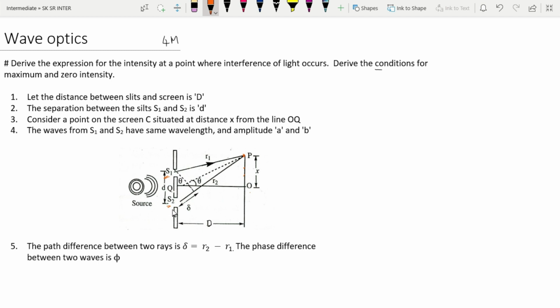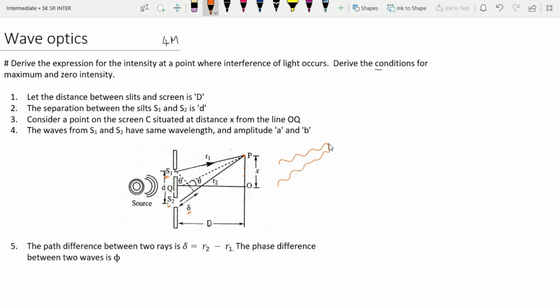So S1 and S2 are the two slits. Between S1 to P and S2 to P there is a small path difference, which is called delta. Suppose the wave travels from S1 to P like this, and from S2 to P like this.